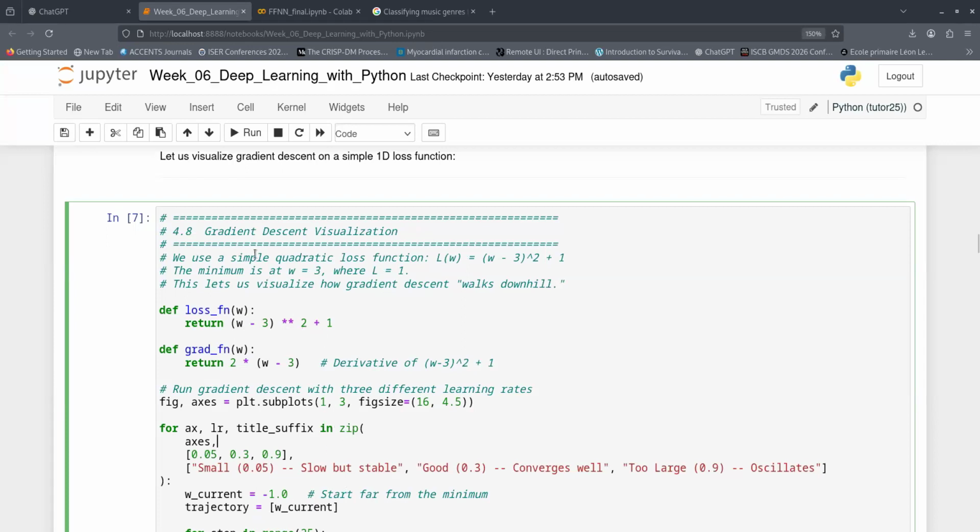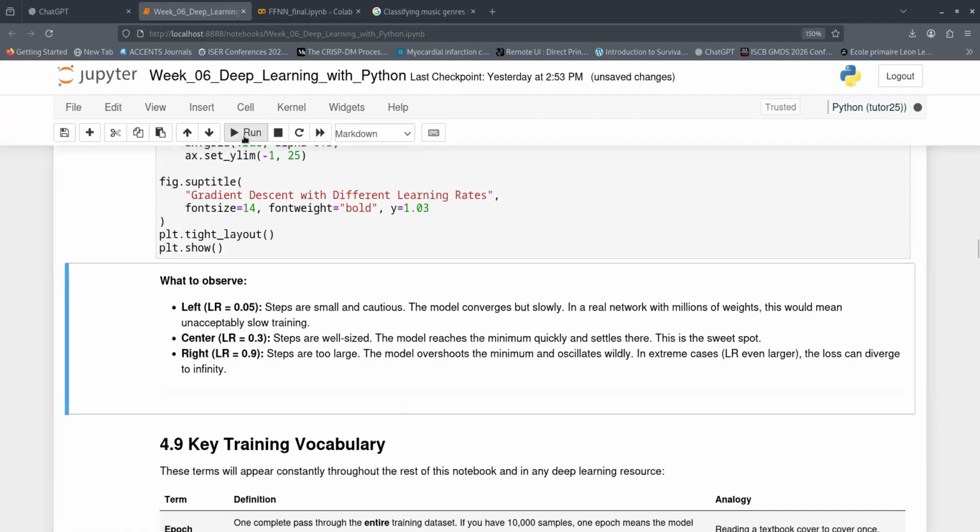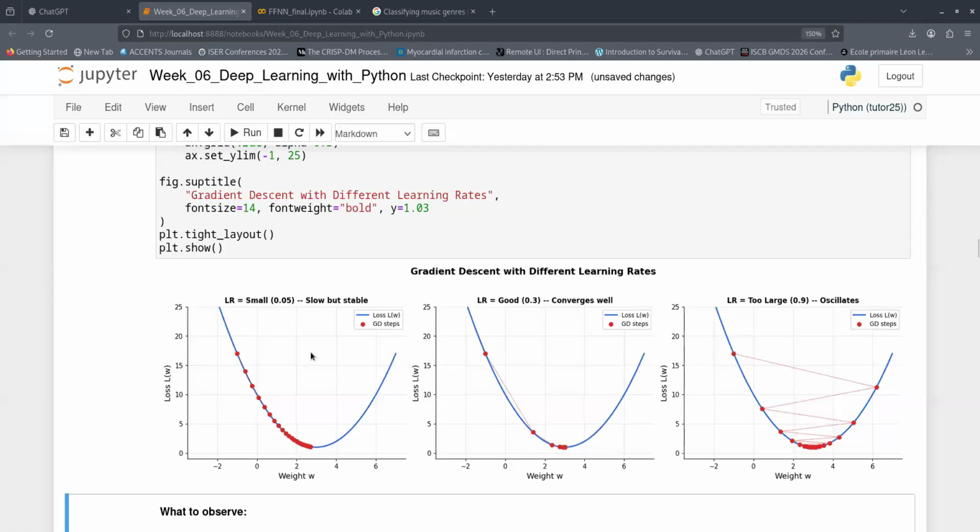And the adapter, as we just ran before. So you have here, this is the weight. So just going that way. This is slow, it's very slow but stable.